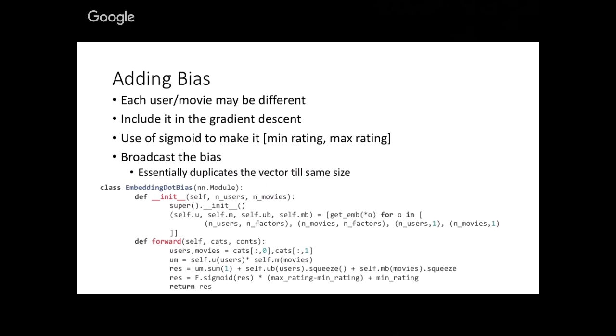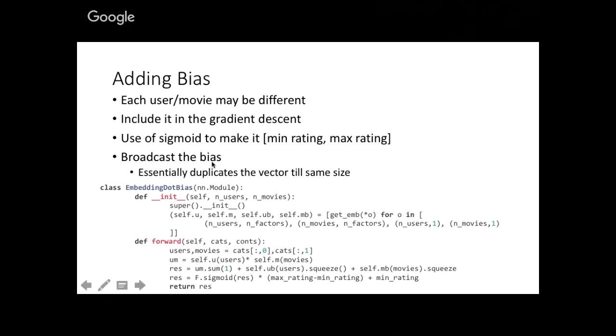You put the bias in to filter it out, and you also do gradient descent on the bias. Then use a sigmoid so that there's a minimum and maximum rating. If you don't, it may overshoot your maximum value.